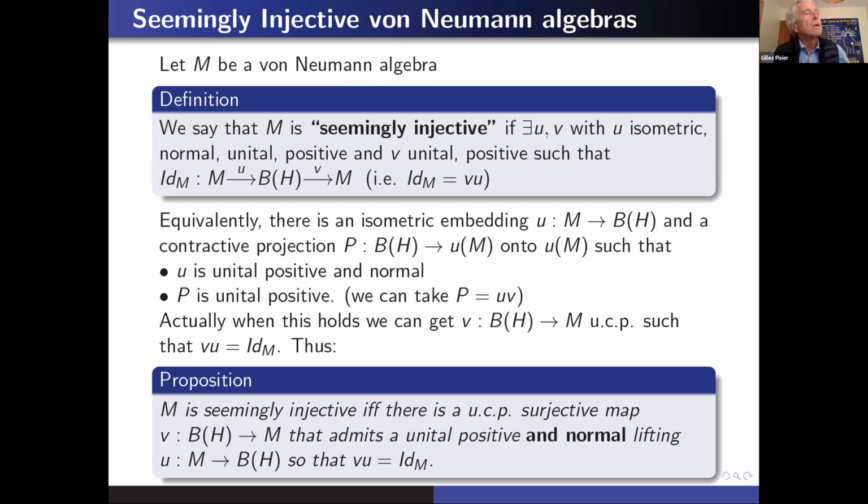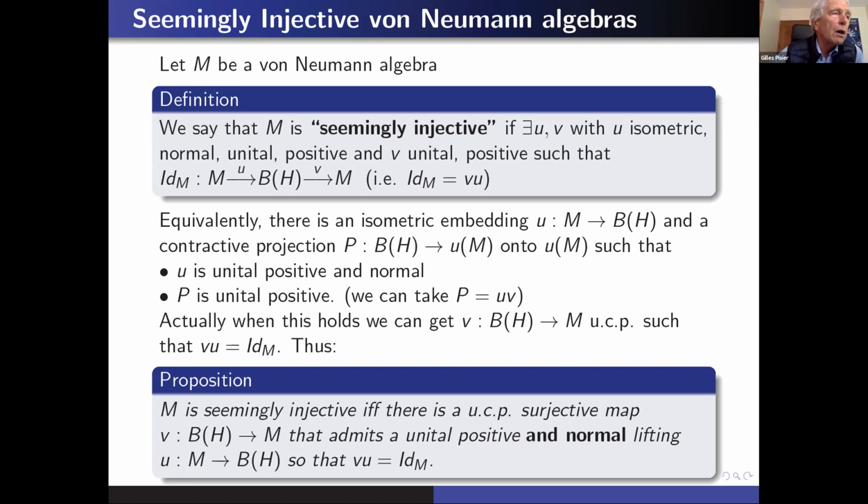Okay? So in this case, we have a projection onto this subspace U of M. There's a projection of norm 1, which is actually unital and positive just because the composition UV of the two maps gives us the projection.